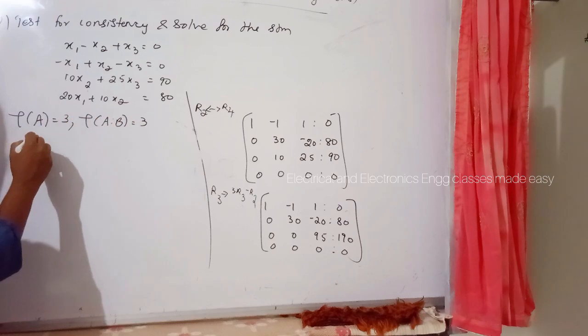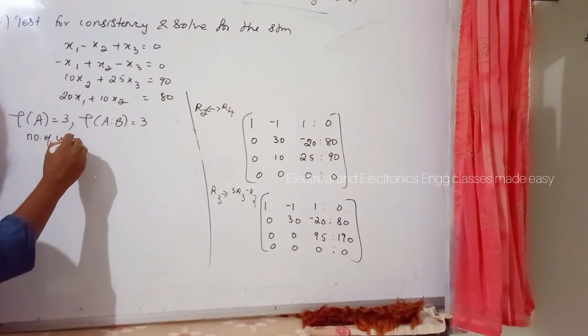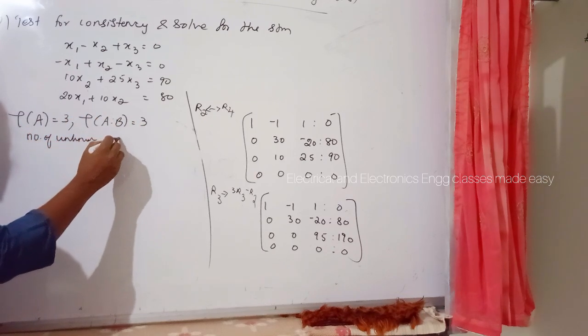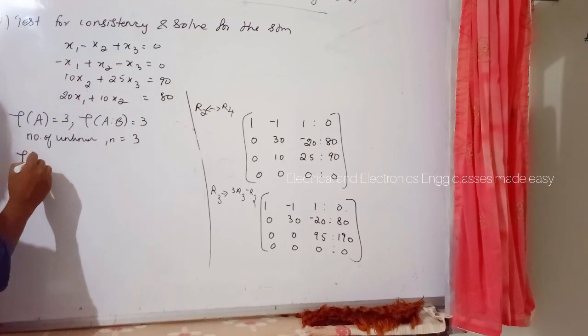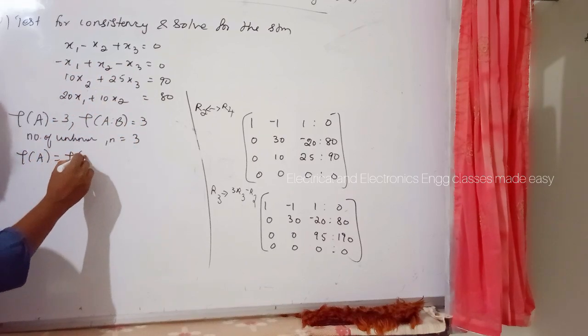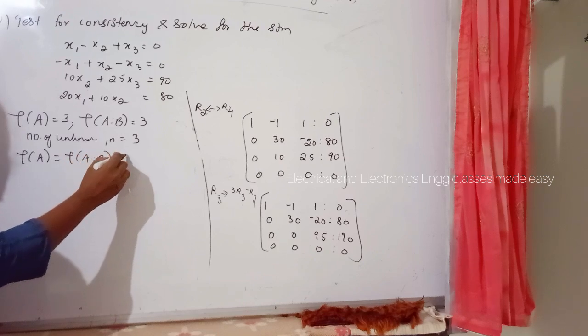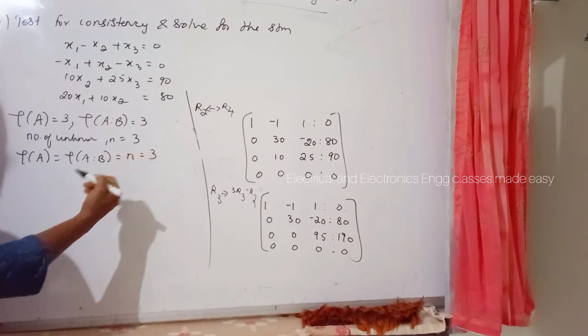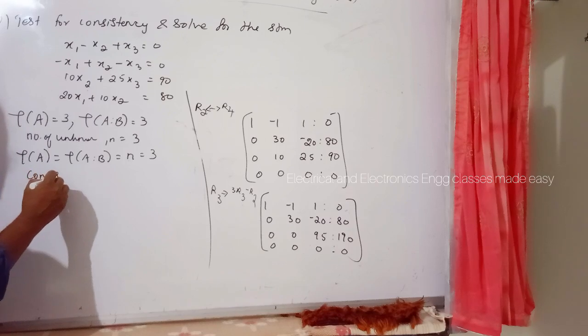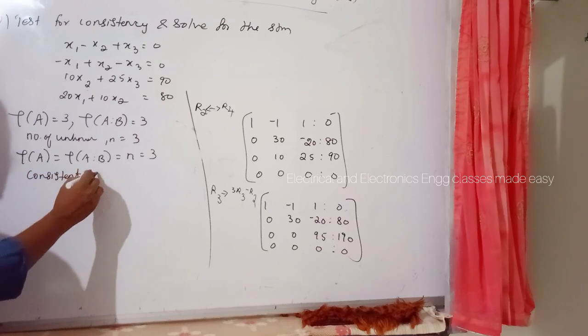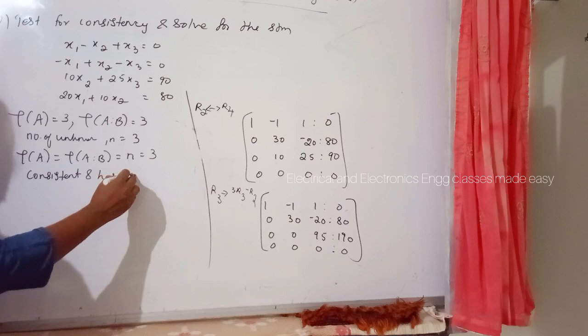Then the number of unknowns n is x1, x2, x3, that is 3. So here rank of A equals rank of AB equals number of unknowns equals 3. So this system is consistent and has a unique solution.